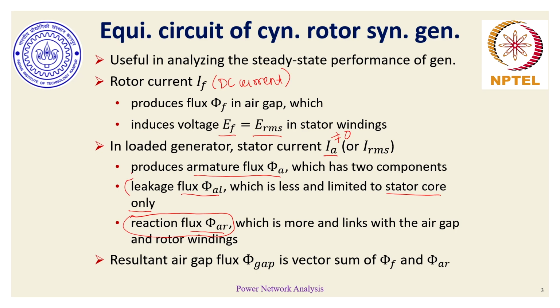And as a result, since the air gap consists of the rotor flux as well as the reaction flux from the stator, the net air gap flux is the vector combination of the rotor flux phi F as well as the reaction flux from the stator winding.